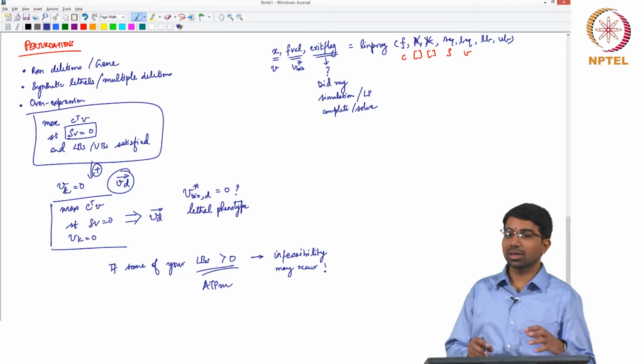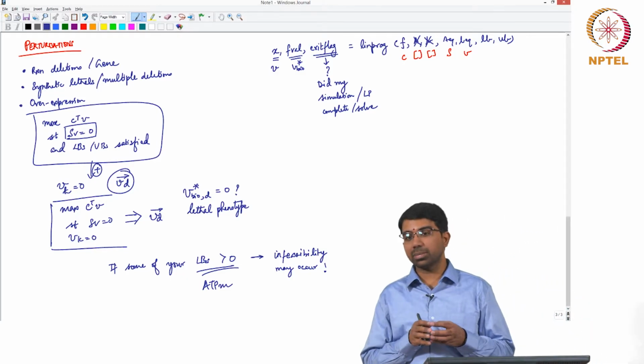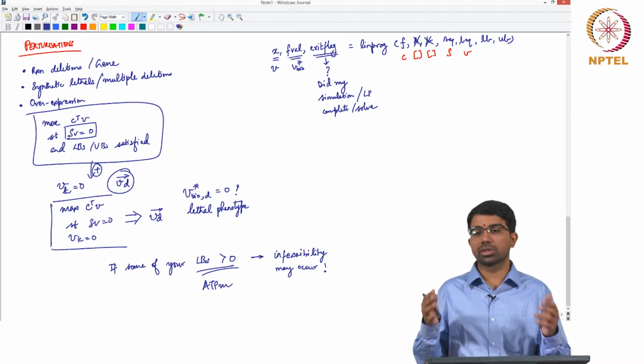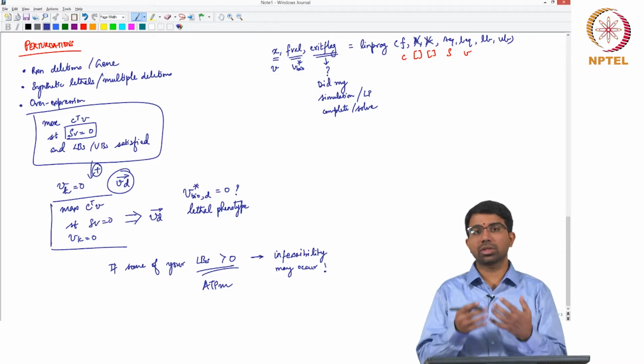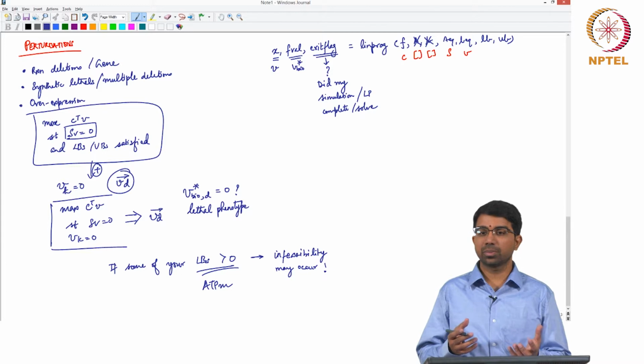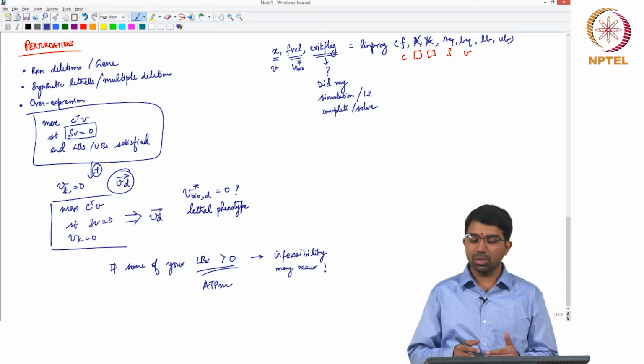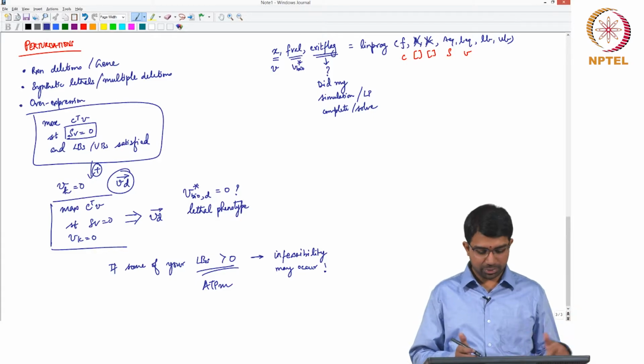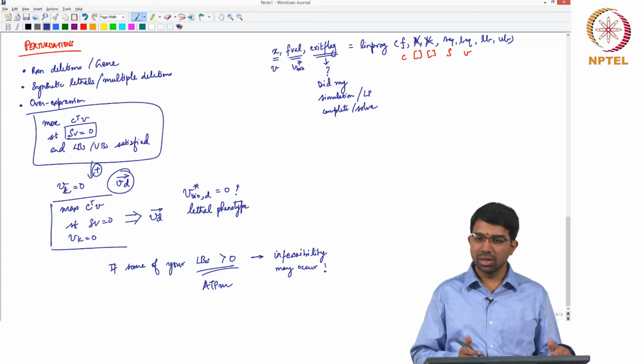See, normally we conclude that there is a lethal phenotype only if you get a 0 optimal solution. Like my maximum growth rate possible is actually 0. Whereas, in this case alone you may have infeasibility which will lead you to conclude that clearly I could not make enough ATP that was required for survival.